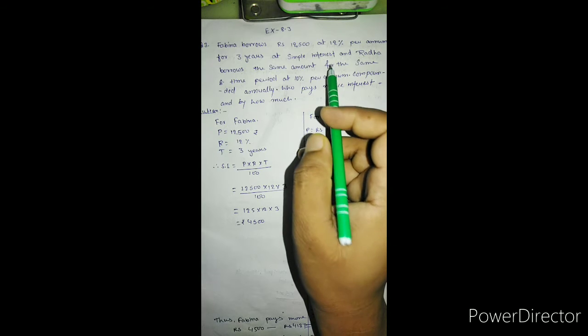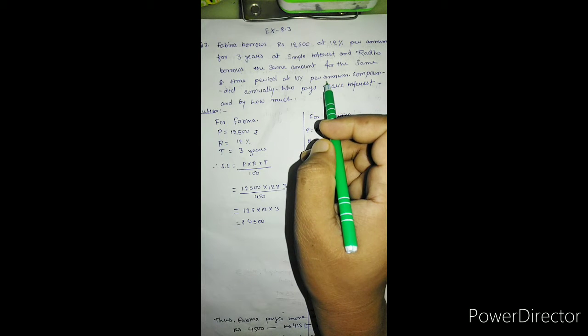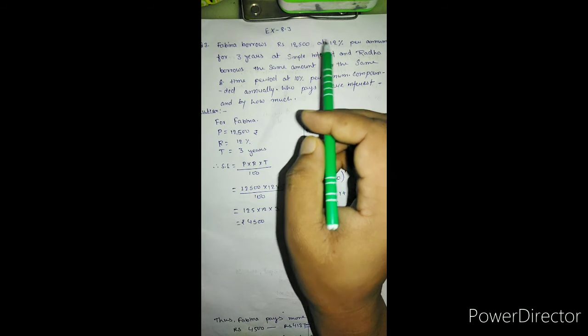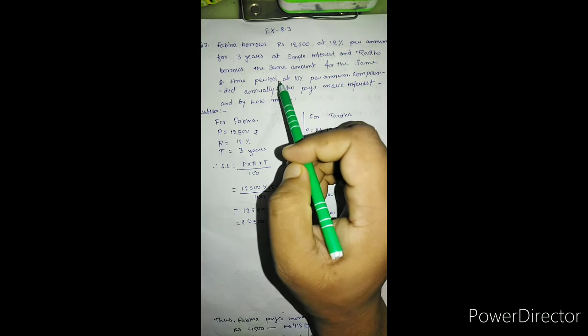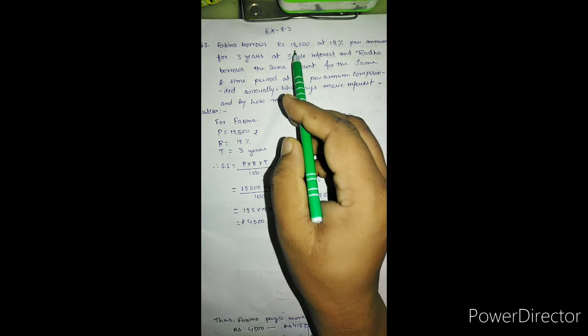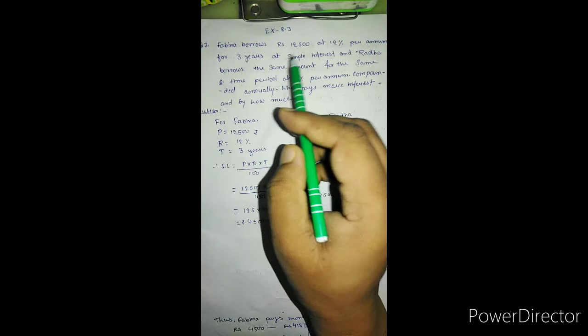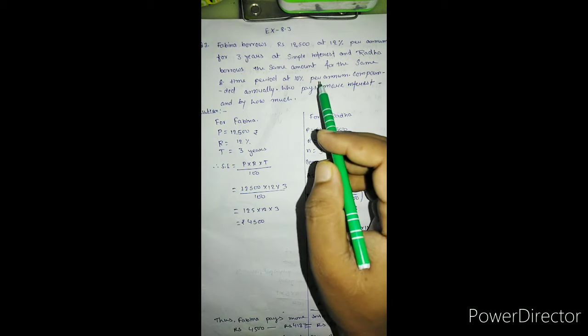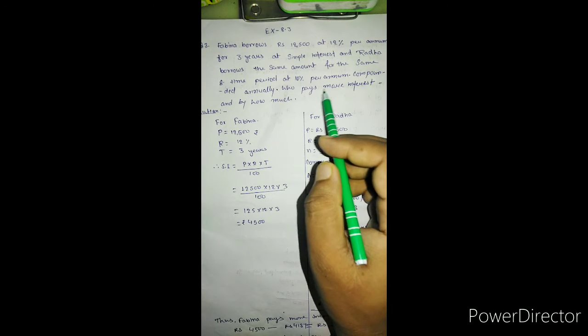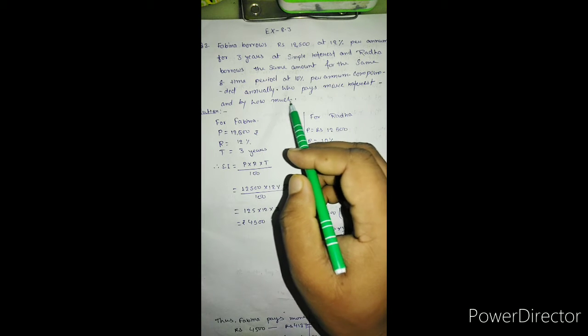Here the rate is different: for Favina the rate of simple interest is 12% per annum, and for Radha the rate is 10% per annum, but the principal amount and time period are the same for both. Then compounded annually, who pays more interest and by how much?